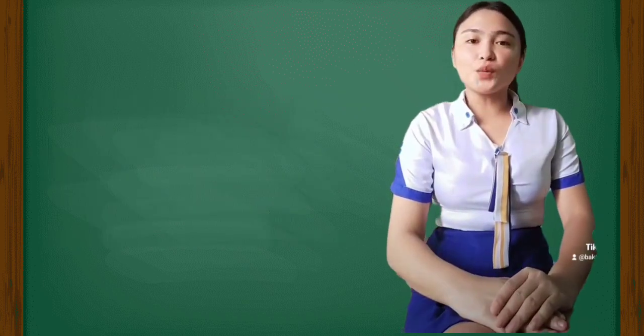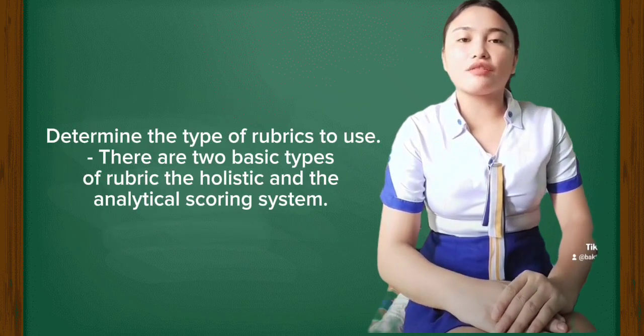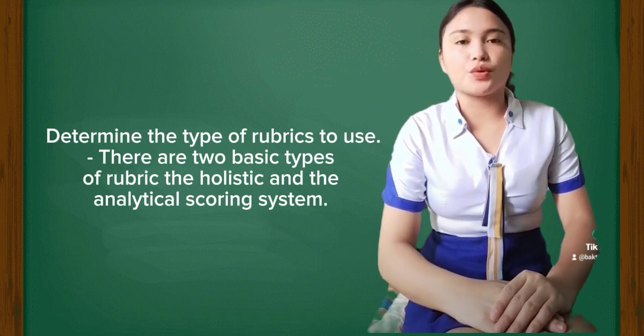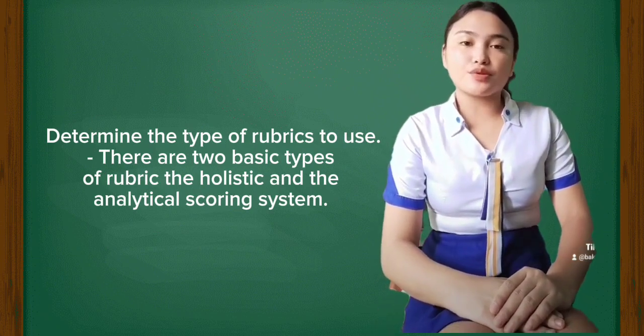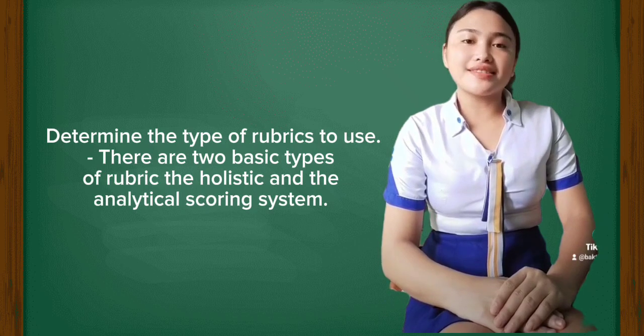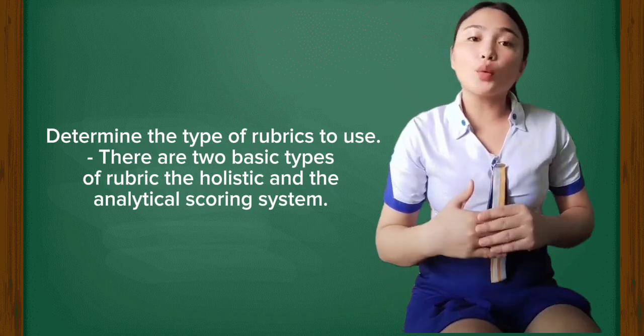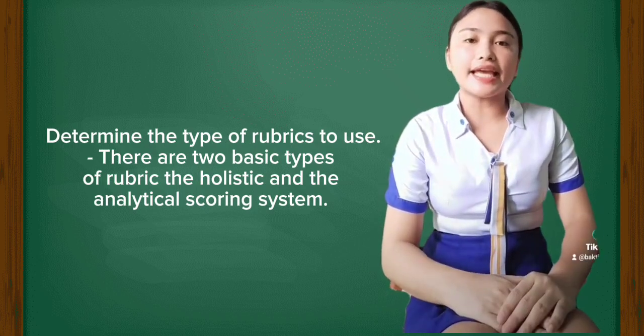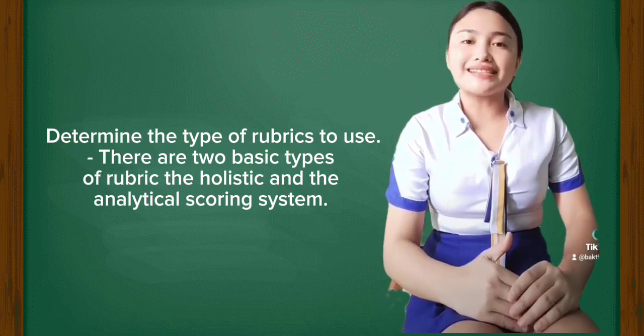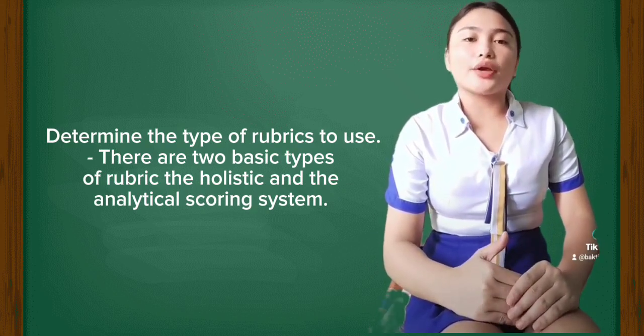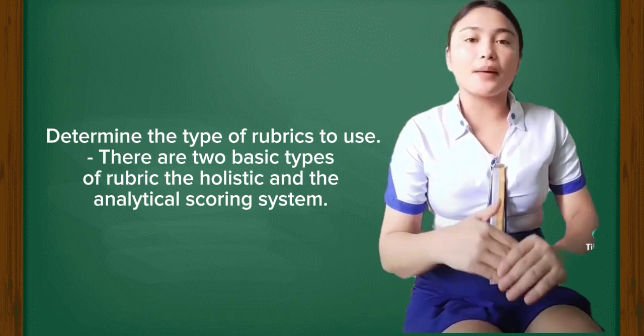So the second one is determine the type of rubric to use. There are two basic types of rubric: the holistic and the analytical scoring system. Holistic rubric requires evaluating the essay taking into consideration all the criteria. So ang holistic kay only one scale ra ang gamiton.